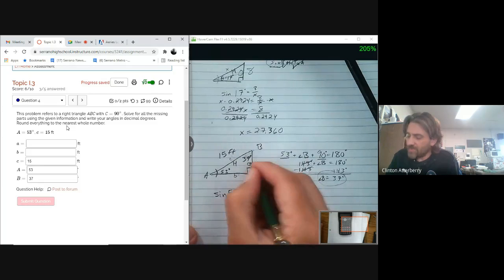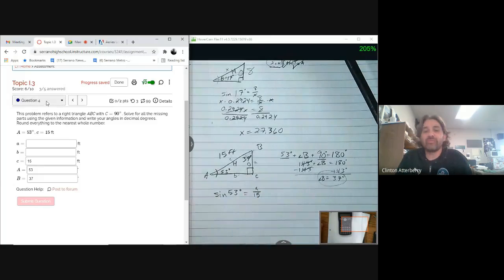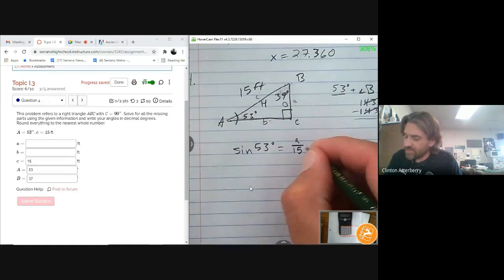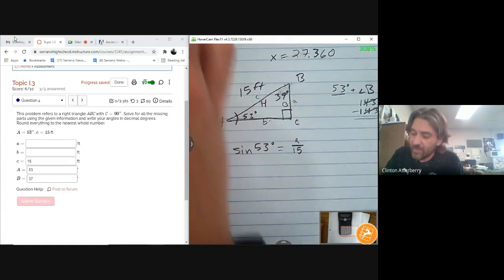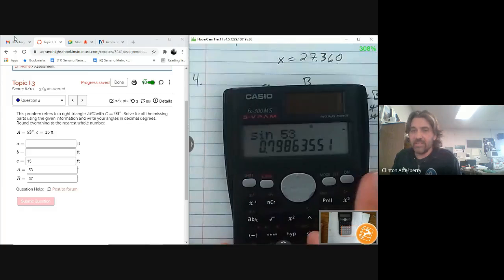is equal to opposite over hypotenuse, which is A over 15 feet. We'll just call it 15 for now, but we know it's 15 feet. Actually, let's go ahead and take that sine of 53 and find what it equals.